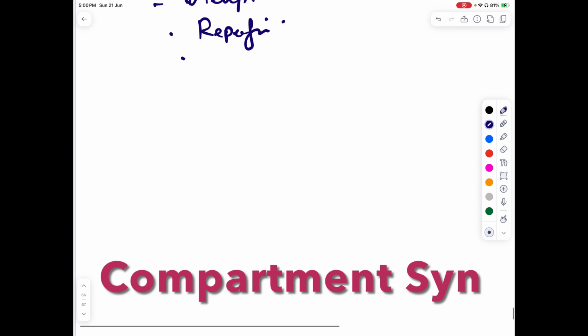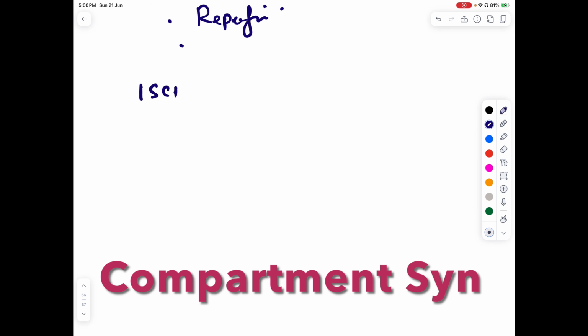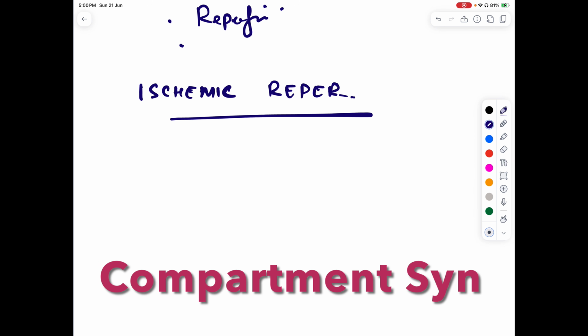Now, what is ischemic reperfusion injury? Ischemic areas, and when circulation suddenly starts, reperfusion of the ischemic area results in washing of metabolites of dead tissue into circulation. These metabolites enter into circulation.